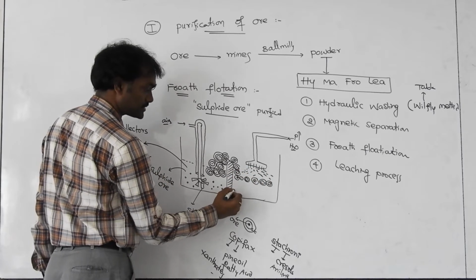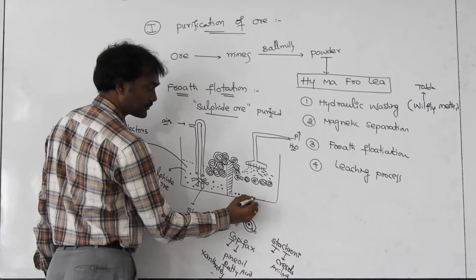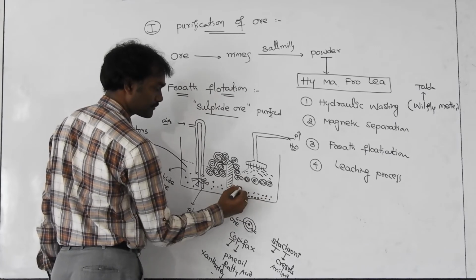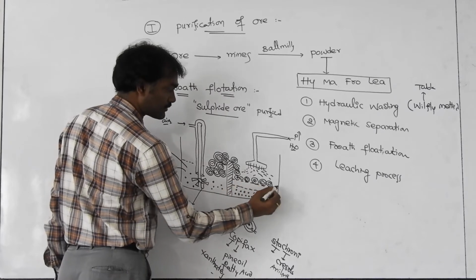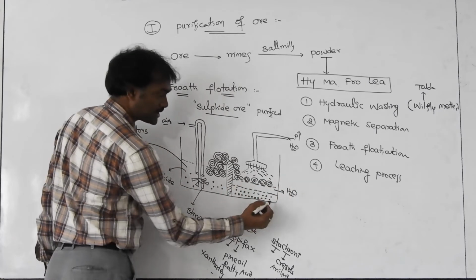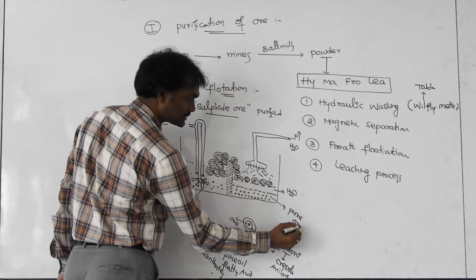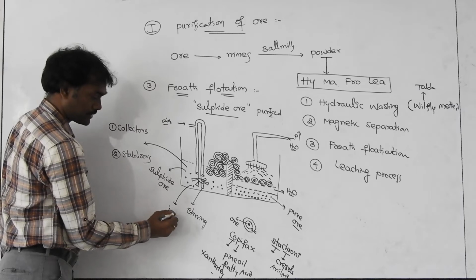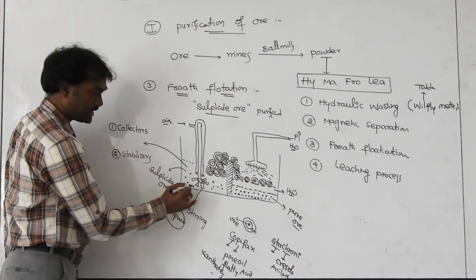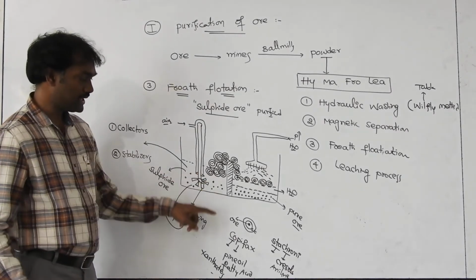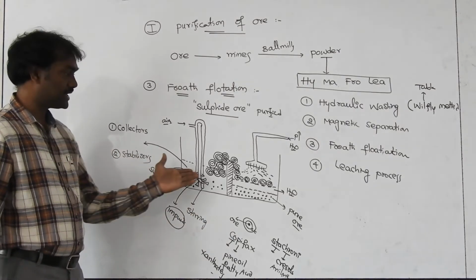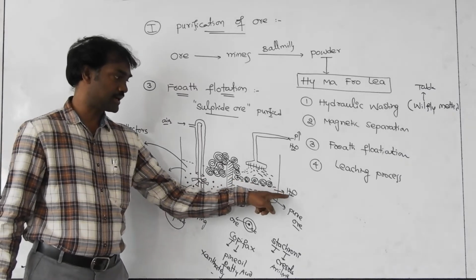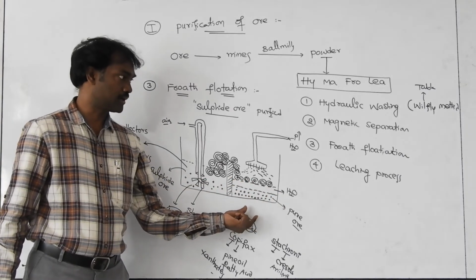At last, all the ore particles come to the bottom, and the water is on top. The pure ore particles come down, and the impurities stay here only. The ore particles covered with collectors and stabilizers come into another chamber with high pressure water, these layers are separated, and the pure ore comes to the bottom.